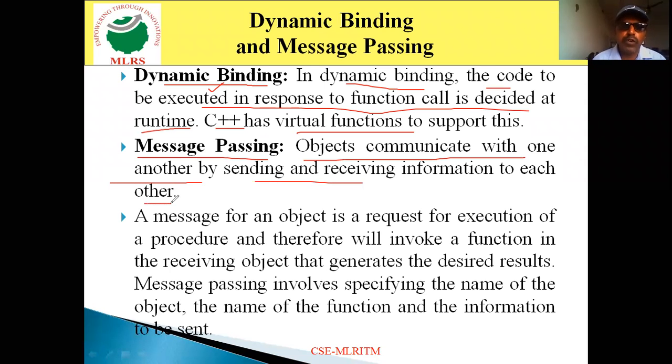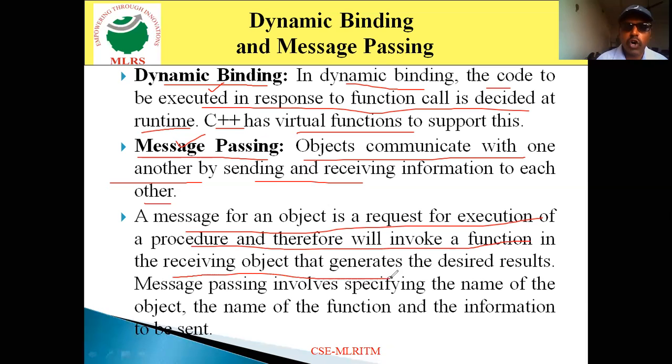Object A is sending a message to object B. Object B is receiving a message from object A. A message to an object is a request for the execution of a procedure, and therefore will invoke a function in the receiving object that generates the desired results.